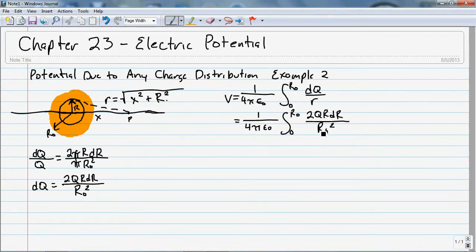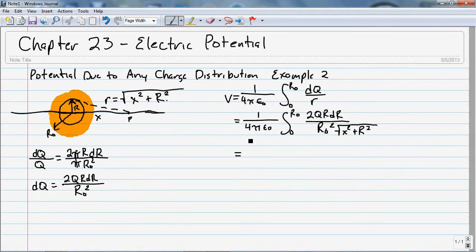The 2, the q, and the r naught squared are constants, and I forgot my little r down here, and little r, I'm going to put that in, is the square root of x squared plus big R squared, which means I can't take it out of the integral, but I can take a few things out.